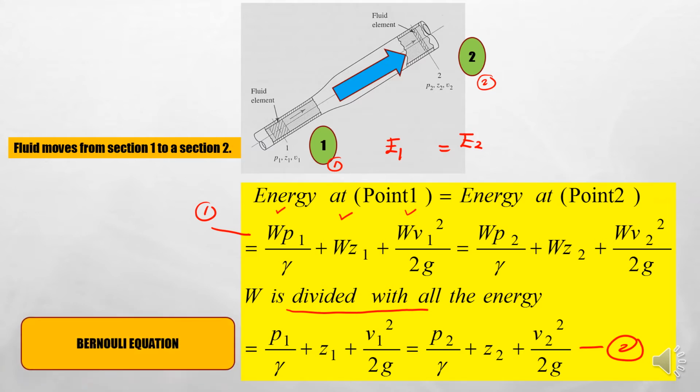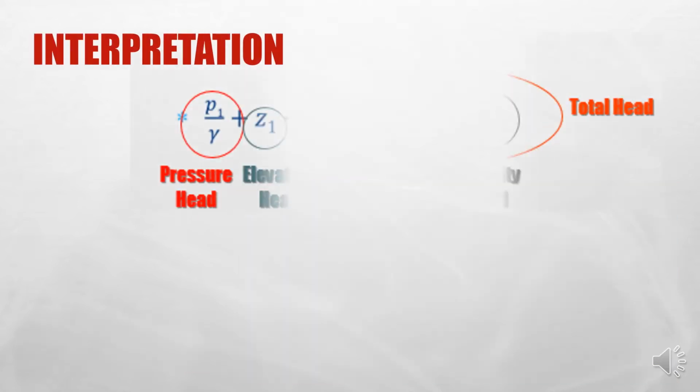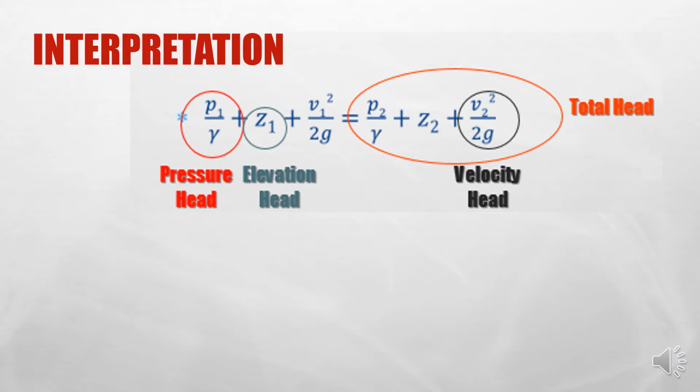This is the equation that we call Bernoulli's equation, which considers all of the energy involved in the fluid flow system. If you look at this Bernoulli's equation between point 1 and point 2, noted as 1 and 2 here, each of the terms involved in the equation represents a different kind of energy possessed by the liquid or fluid in the system.